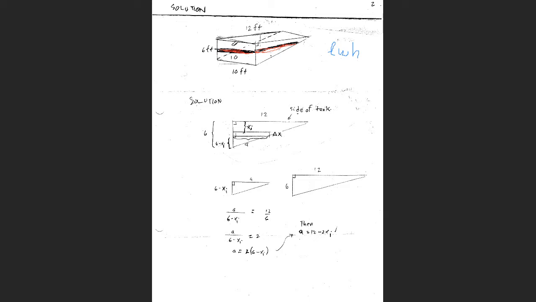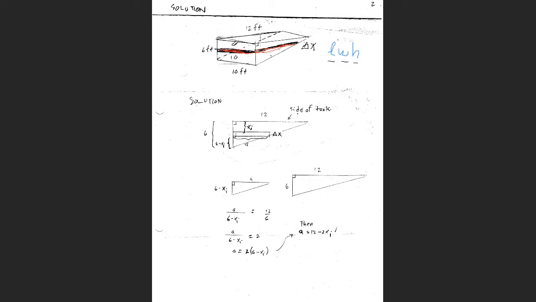A thin box of water. I don't care whether it's a thin box or a fat box. In this case, it's very, very thin boxes of water, because what we're going to be doing is letting the width of that ith layer of water be delta x. But to find the volume of that ith layer of water, I need to do length times width times height. Length times width times height.